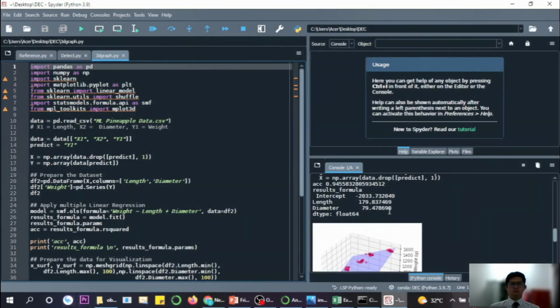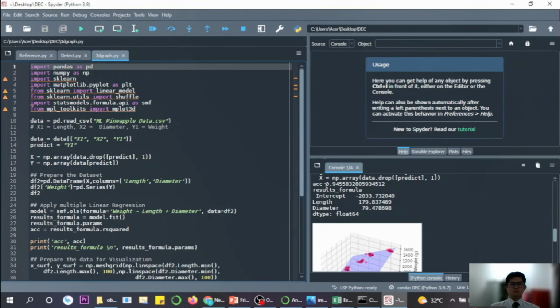From this code, we can get the accuracy. The accuracy is the correlation coefficient. When the correlation moves toward 1, it means the data is more accurate. Since it is 94.56%, it means that the prediction is highly accurate.